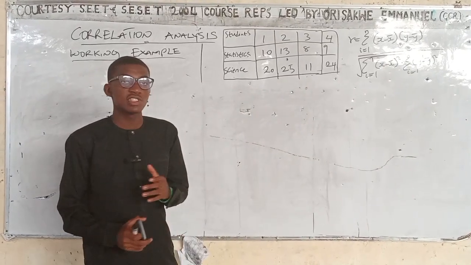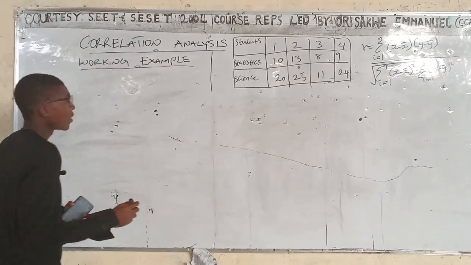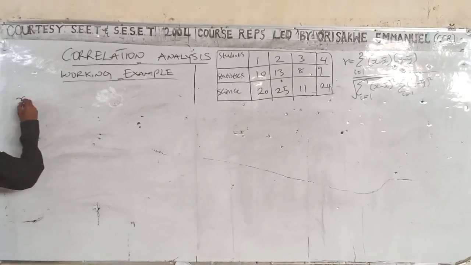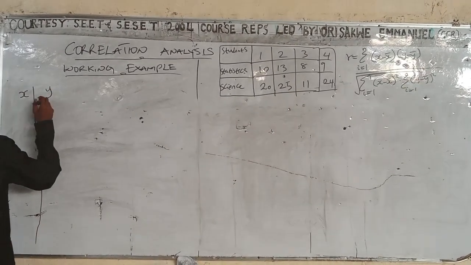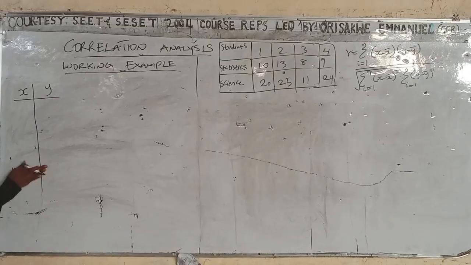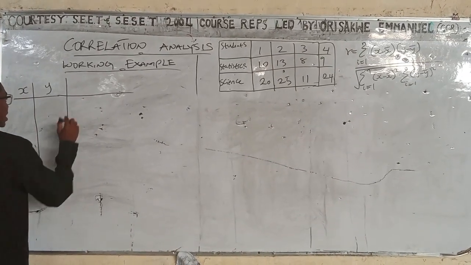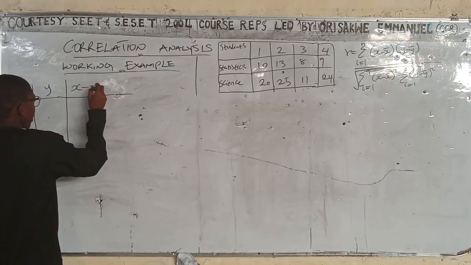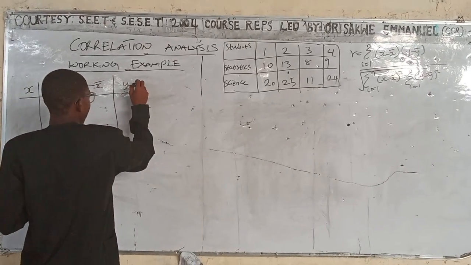Sorry for the discontinuity in the video. I want to make enough space for my table of values. So our first column will be our x. We have our y. It's not that long, let us make it short. What is next? x minus x bar. We have y minus y bar.